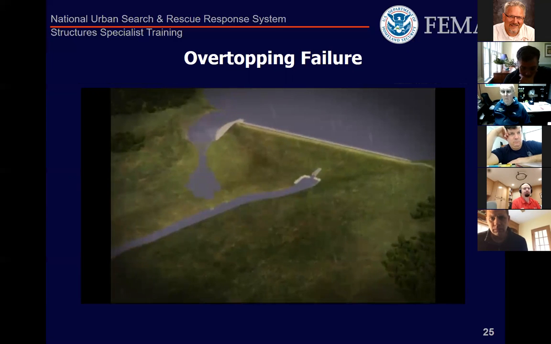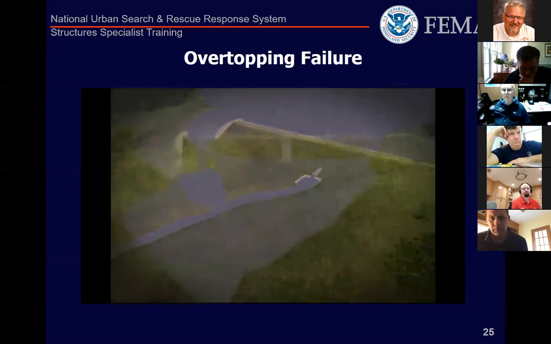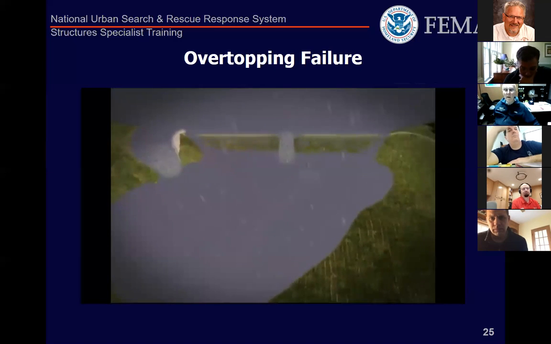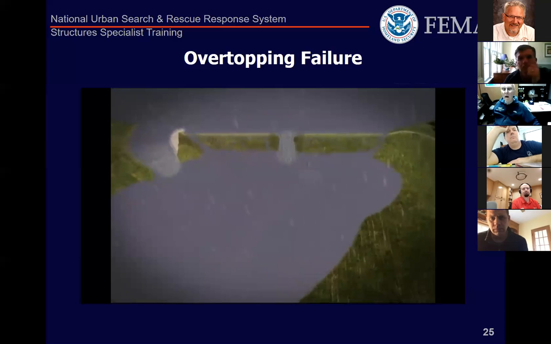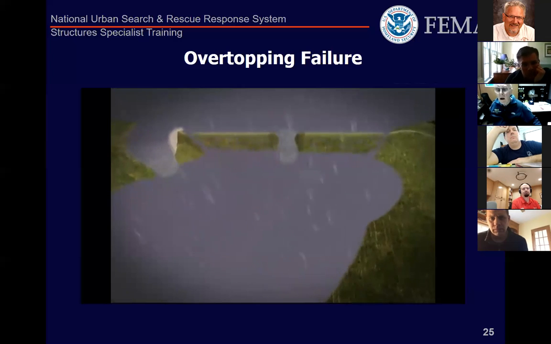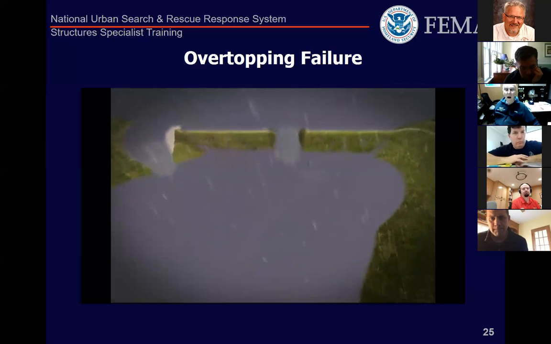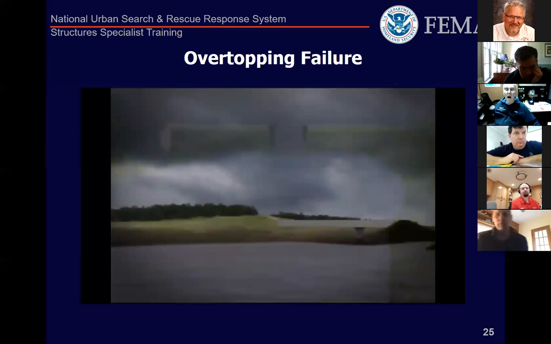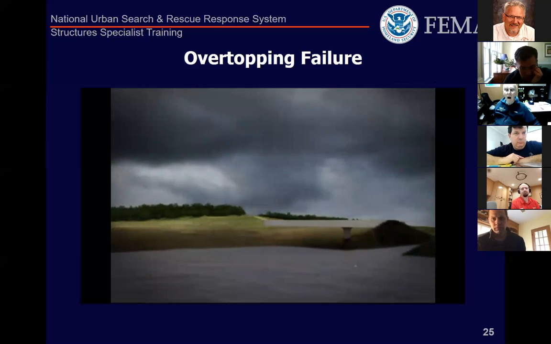In an extreme flood, flows can exceed the combined spillway capacity, spill over the top of the dam, and create a very dangerous situation. Overtopping flood flows can rapidly erode down into an earthen embankment dam, leading to an uncontrolled release of the stored waters and causing catastrophic flooding downstream.